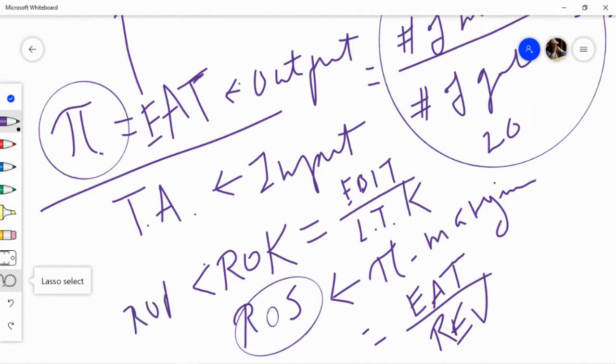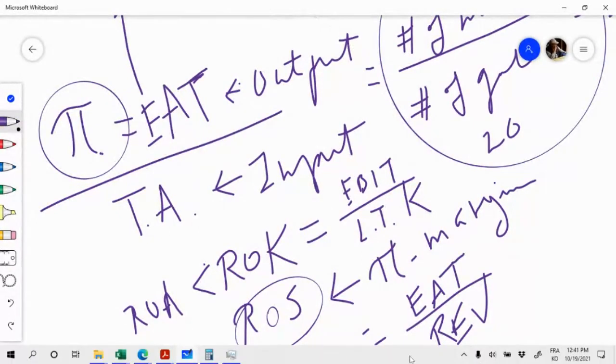Why? Because total assets is slightly greater than total capital because of that short-term liability part.